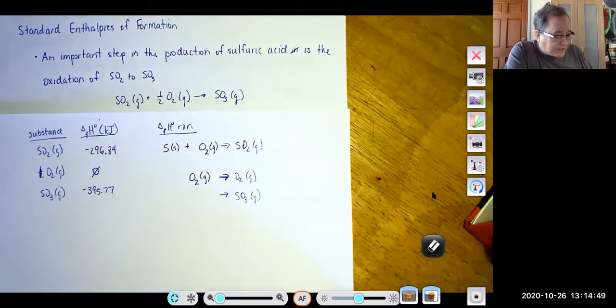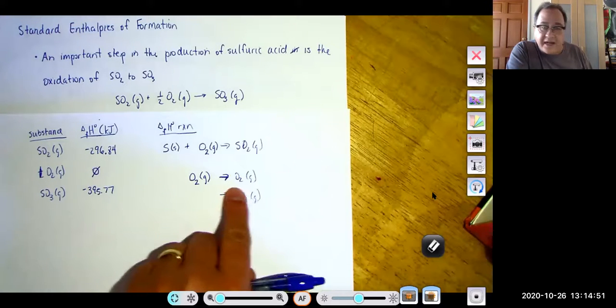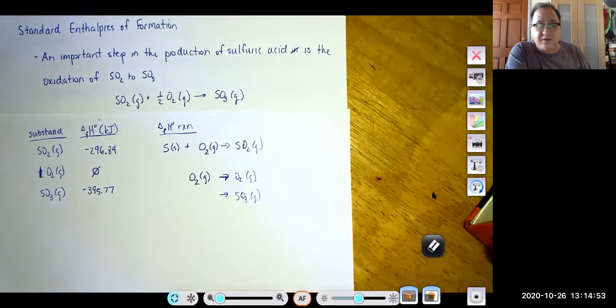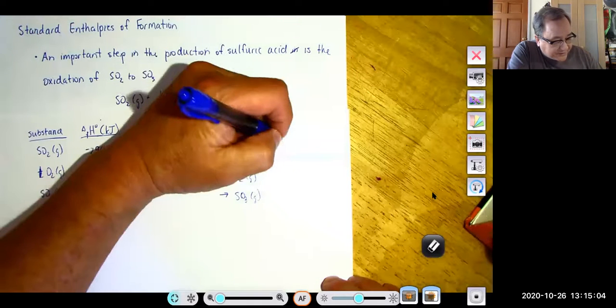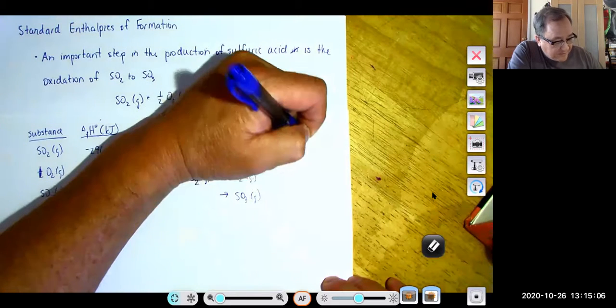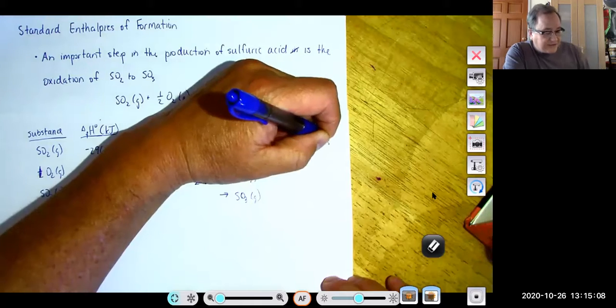So the book tells you that the standard enthalpy of formation for any element in its standard state is 0. So when I say you should know 100 different enthalpies of formation, it's for all of the elements. So for instance, this is 0.